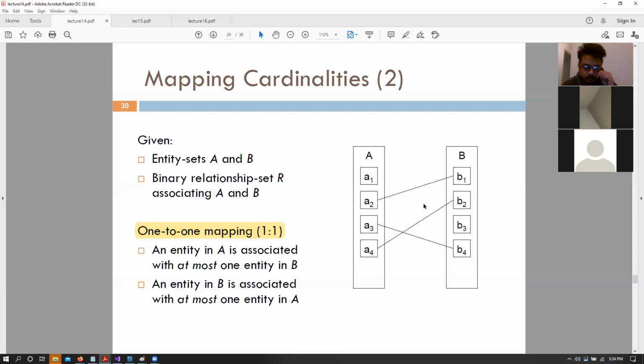We said that a one-to-one relationship is essentially given two entity sets, a particular attribute can only be related to another attribute in another entity set just once. So A can only be related to B only once, and vice versa.